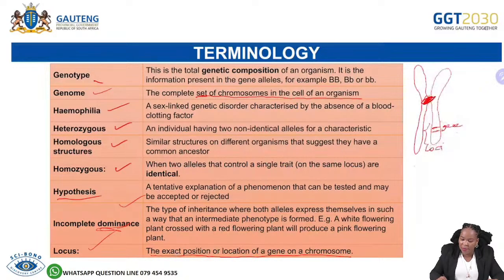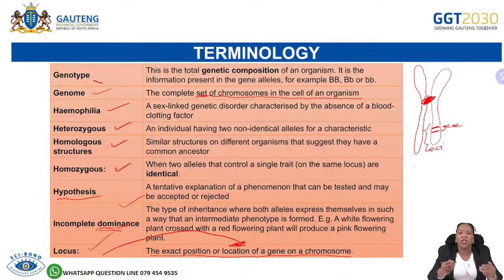So on the same location, or the position of a gene on a chromosome, that position or the location, we call it a locus. Because the term locus sounds almost like location, you can remember locus is the position or the location of a gene on a chromosome, right?